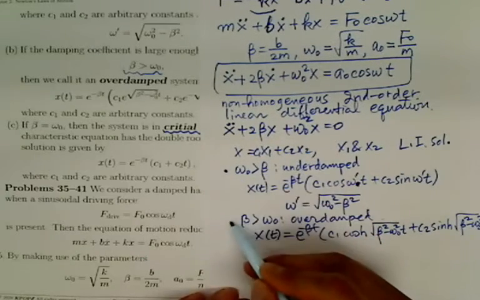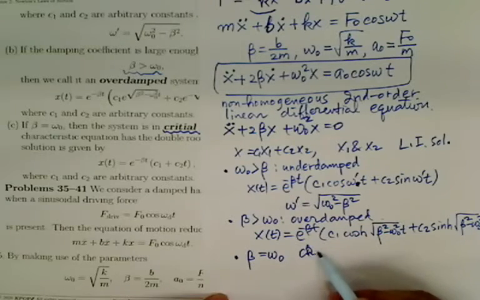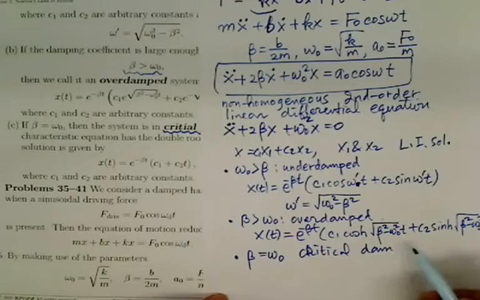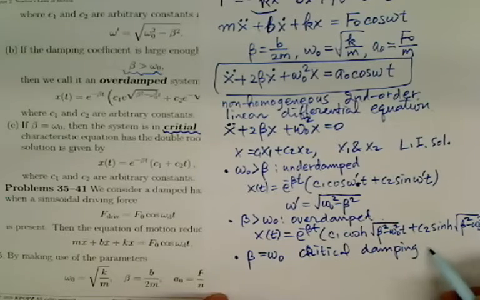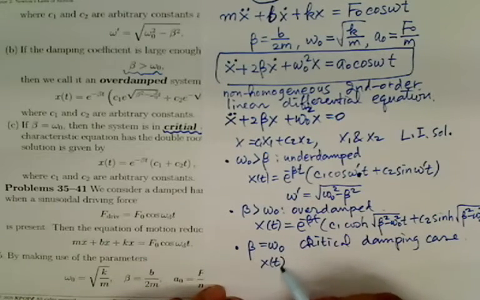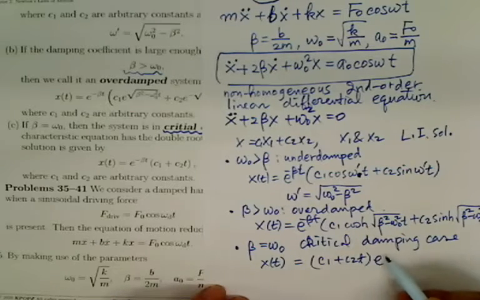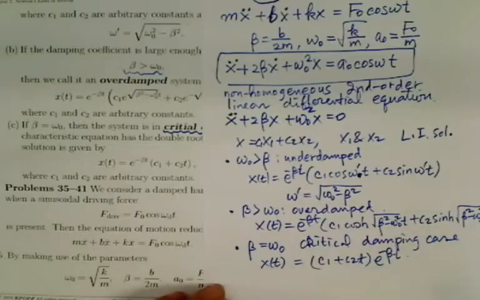And the third case, beta equals omega 0, critical damping case. Critical damping case, x of t equals c1 plus c2 t, times e to the minus beta t.